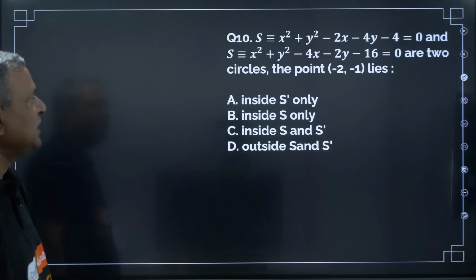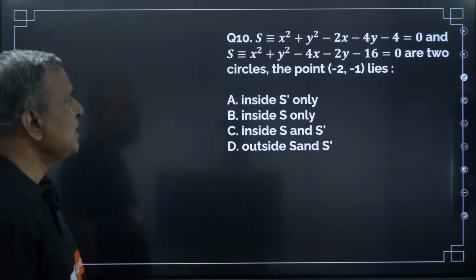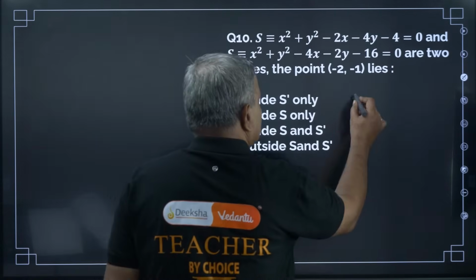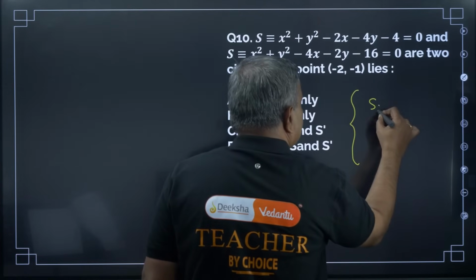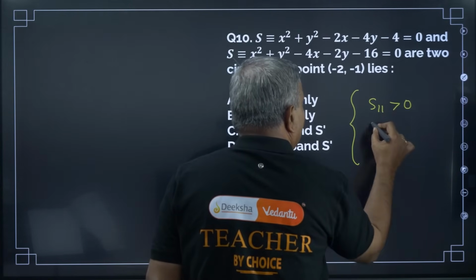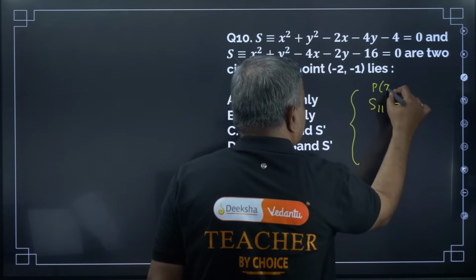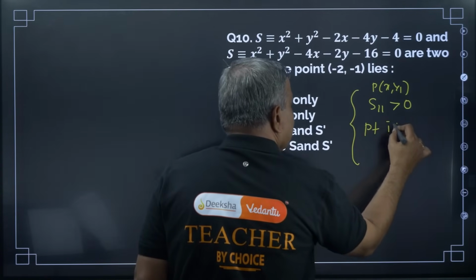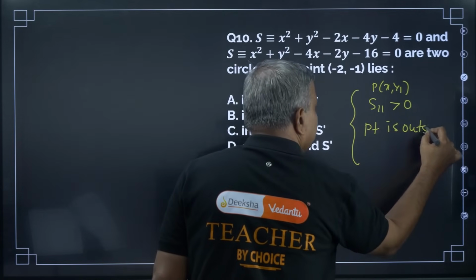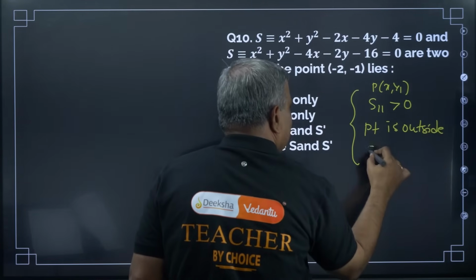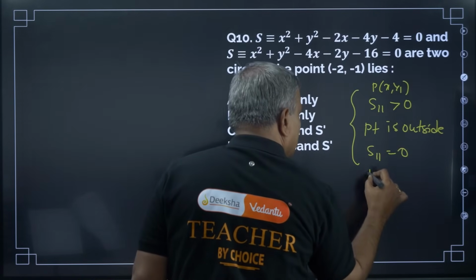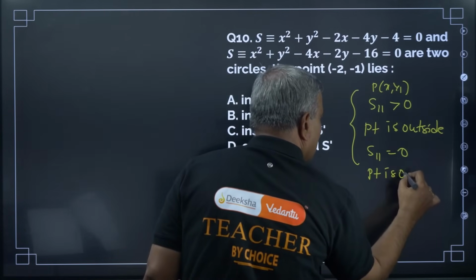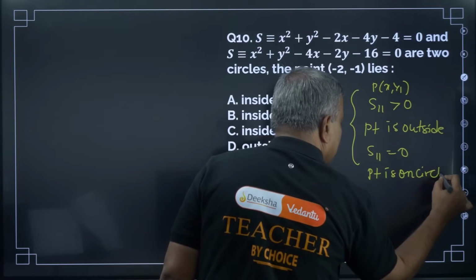Next, these two circles, the point lies inside and the concept. S11 greater than 0, point P is x1, y1, then we say point is outside. If S11 equal to 0, point is on circle.